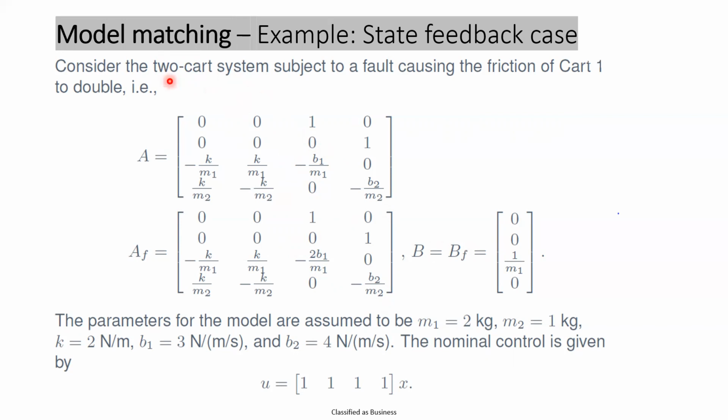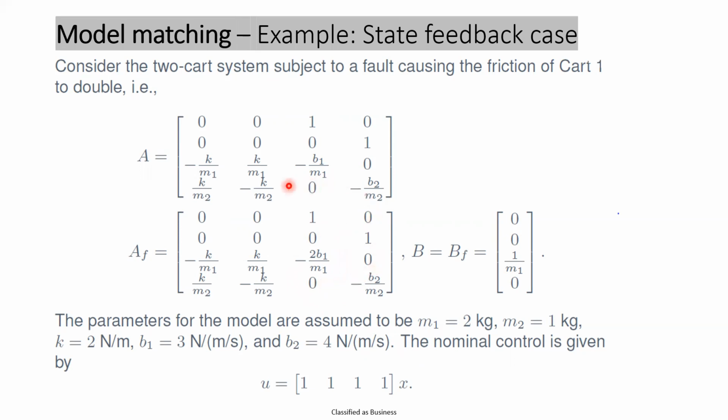It's two carts connected to each other by a spring, and also there is friction between the cart and the ground. So this B1 shows the friction coefficient. In the faulty case, the friction coefficient has suddenly been doubled, so suddenly you have double friction, which we have considered as a fault.